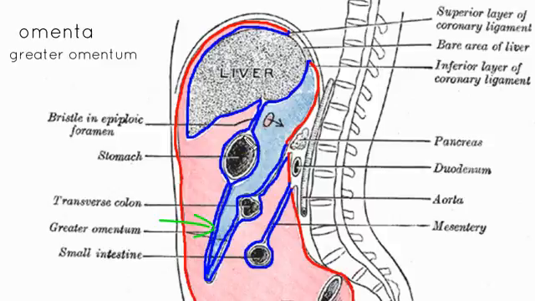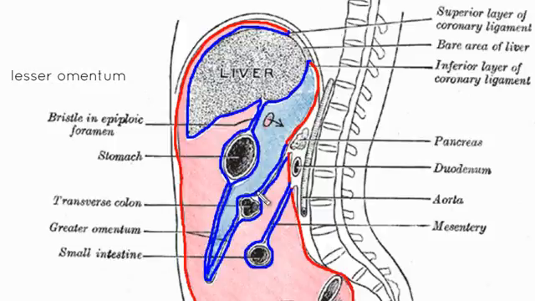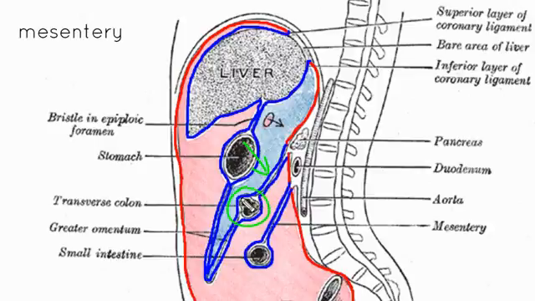You've got a greater omentum and a lesser omentum. And where the visceral peritoneum doubles up around other organs and attaches them to the posterior abdominal wall, it's called a mesentery. You can see this doubling up surrounding the transverse colon and attaching it to the posterior abdominal wall, and also surrounding the small intestine and attaching it to the posterior abdominal wall. This is called a mesentery.